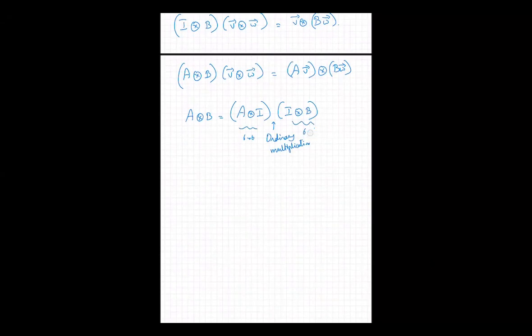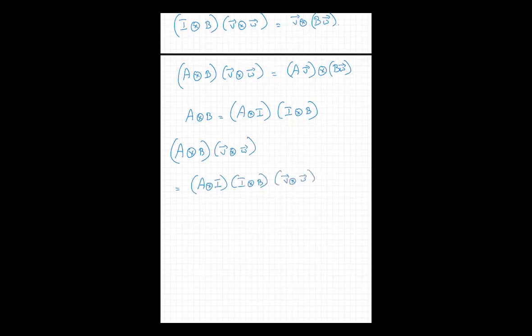Okay, so let us actually show that this is true. I'm not going to ask you to take it for granted. So let us explicitly take this form and act it on V cross W and see what we get. So A cross B acting on V cross W in this case would be A cross I times I cross B acting on the vector V cross W, right? So let us do it.